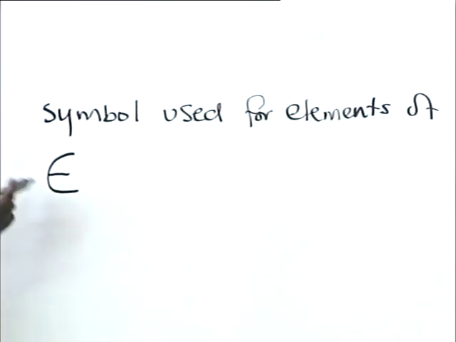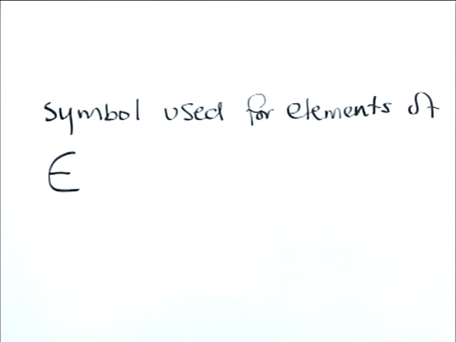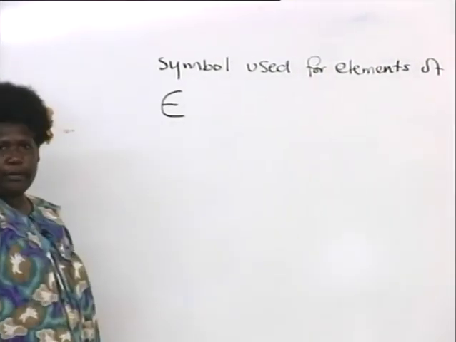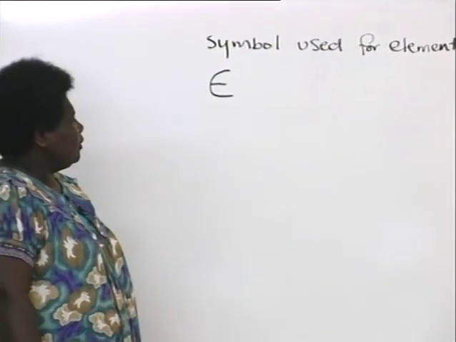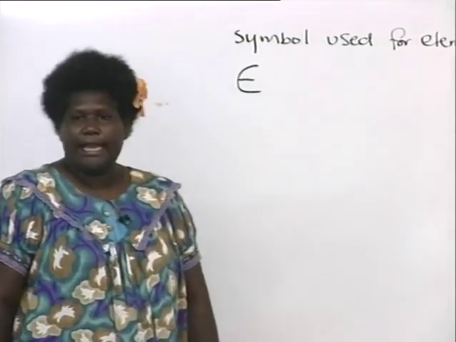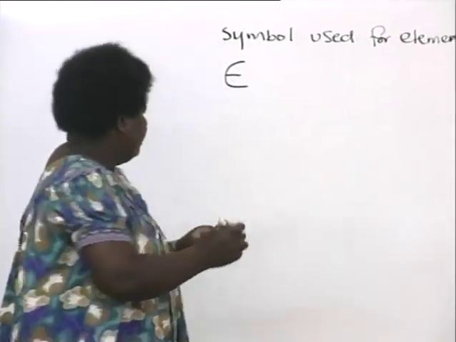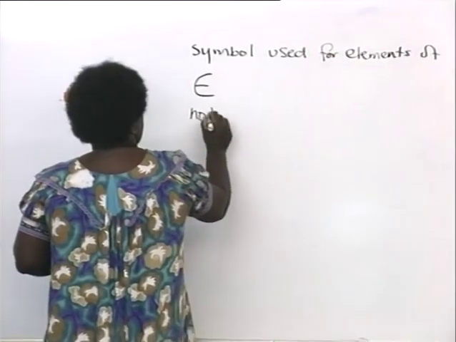Okay, this is the symbol that is used to mean elements of or a member of. What symbol do we use when we mean it's not an element of? Or it's not an element.